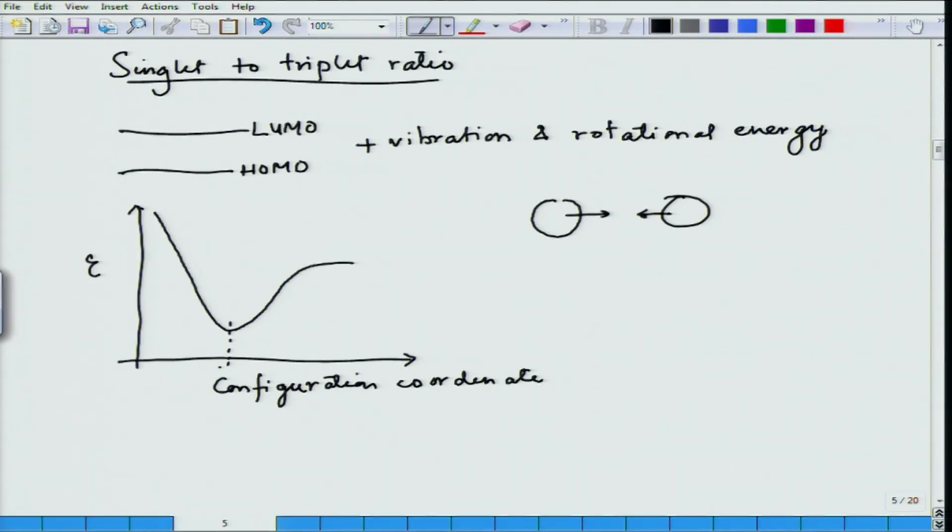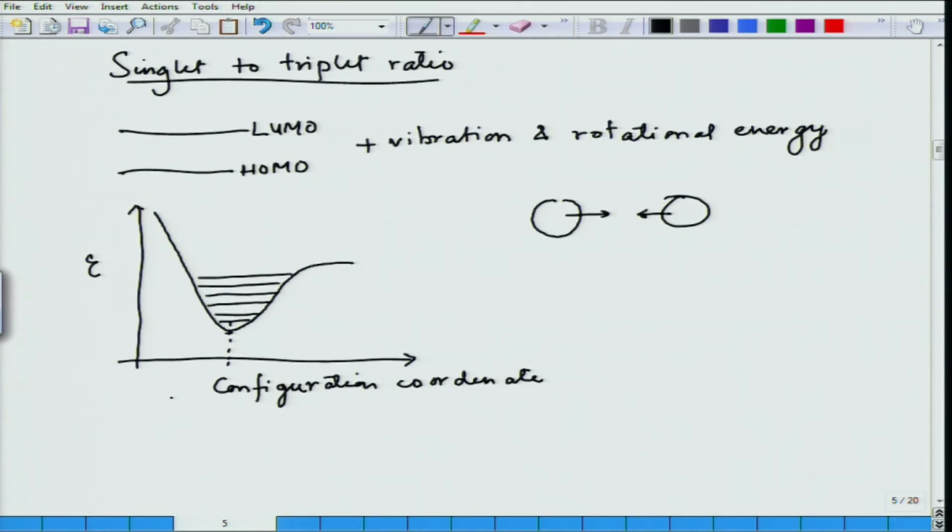Something similar we can talk about in the molecular configuration coordinate, which means when two molecules come together, there is a minimum in the energy, and as we take them either away or closer to that minimum energy, we will have to add different modes of vibrational or rotational energy to the minimum electronic energy.